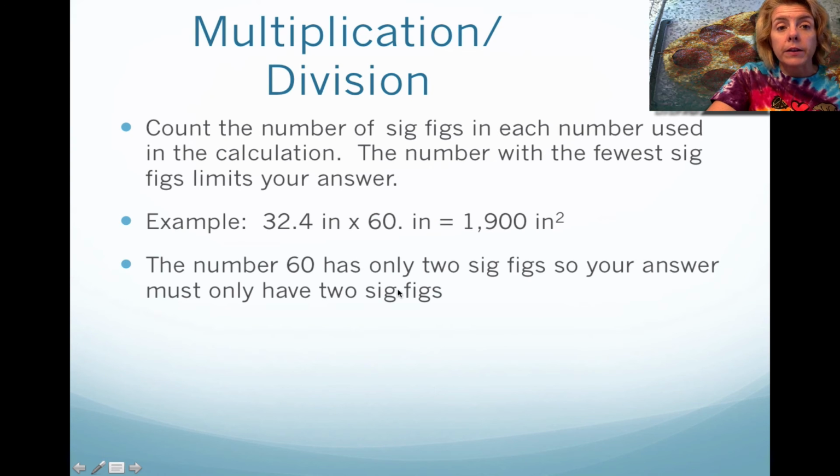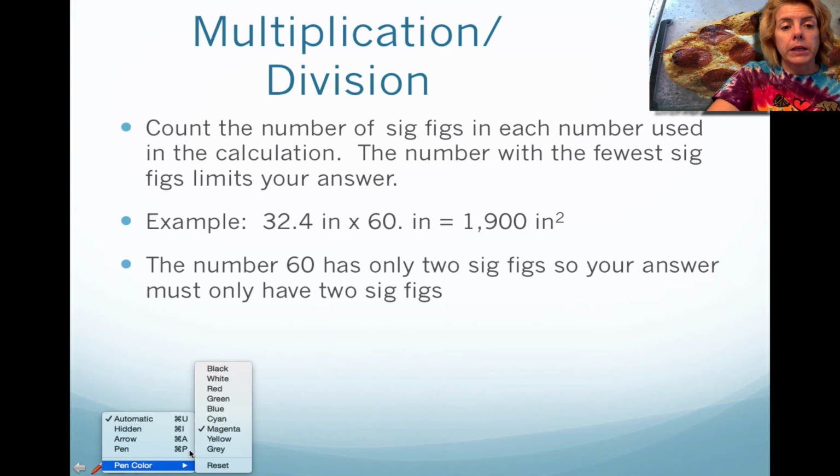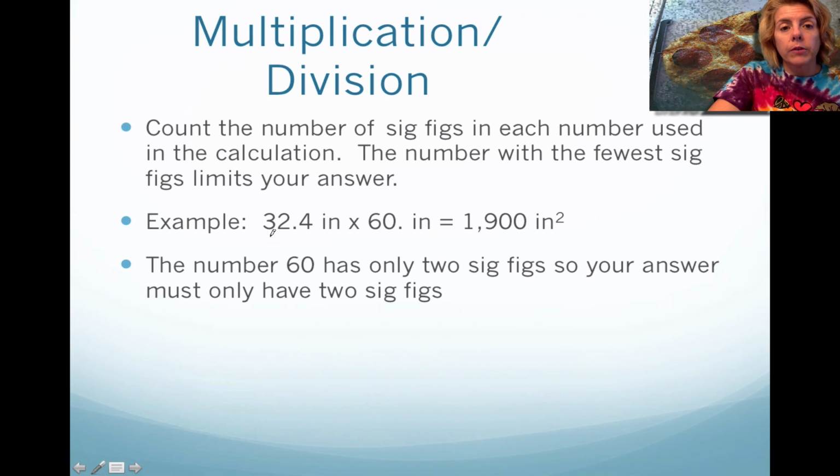Okay, division. Now division's much different. With division or multiplication, you need to look at the total number of significant figures. This has 3 significant figures. This has only 2. And notice it's 2 because it has a decimal right next to the 0. The answer can only have 2 significant figures.